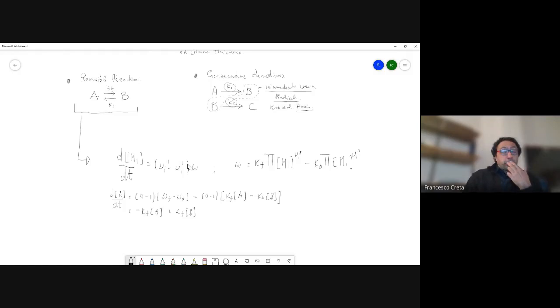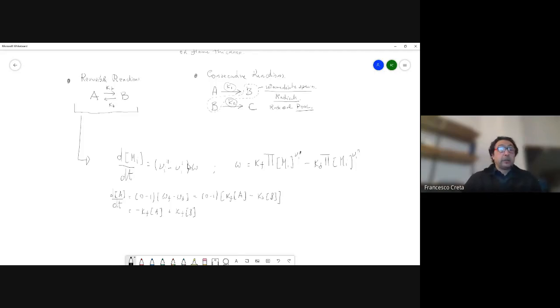Now, you'll be able to very soon just write this immediately by just looking at it. The rate of change of A will be equal to the reaction going from left to right, which depletes A, so you multiply Kf by A, and of course there is a minus sign because going from left to right decreases A. The opposite is true for the reaction from B to A. It increases A, so you have a plus sign.